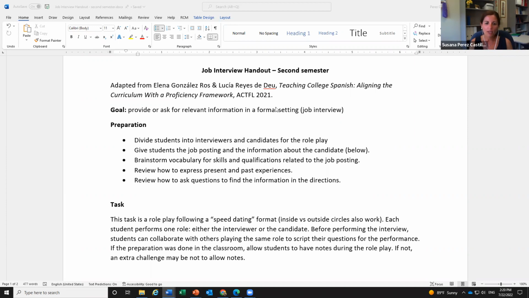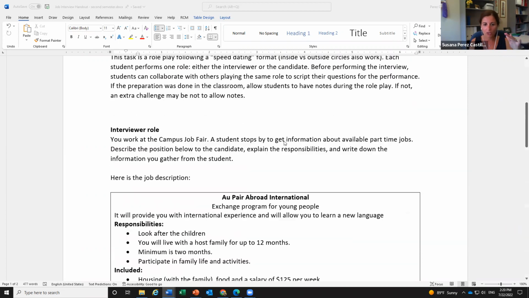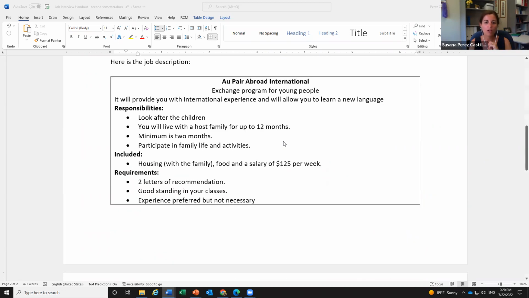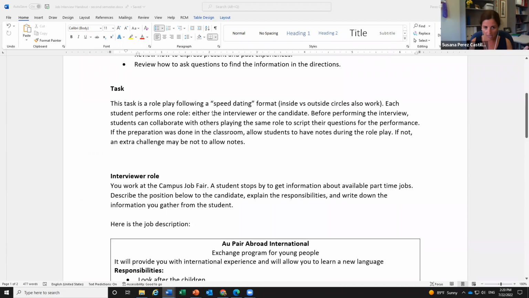So going back to the second semester, the teacher gives that information, the au pair job information, and then the candidate role, and the task again as a speed dating format or inside and outside circles. Students perform the role play.